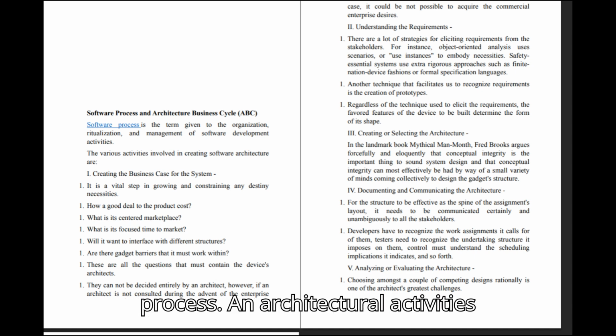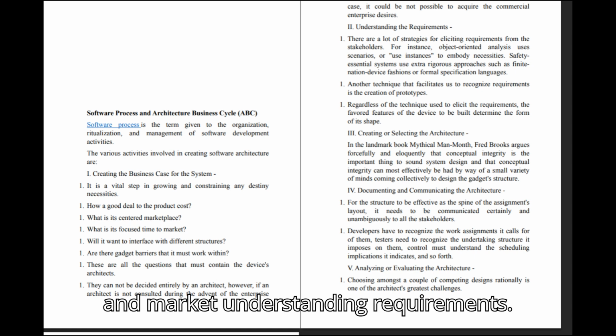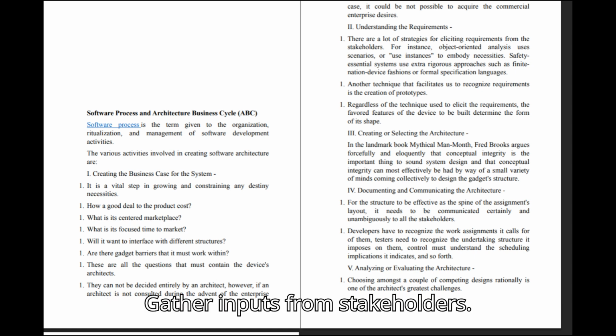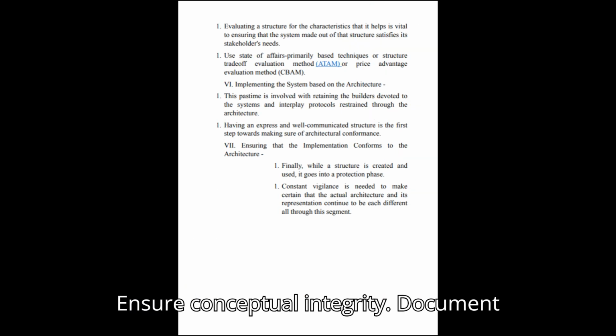Software process and architectural activities. The process of building architecture involves seven key activities. Create the business case, understand goals, cost, and market. Understand requirements, gather inputs from stakeholders. Create or select architecture, ensure conceptual integrity.